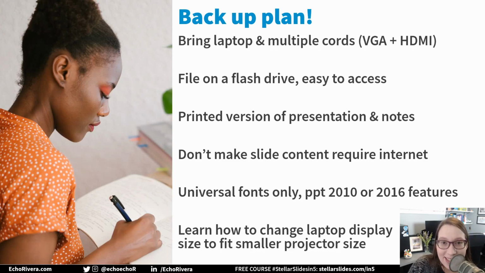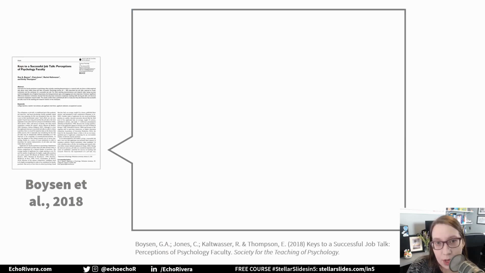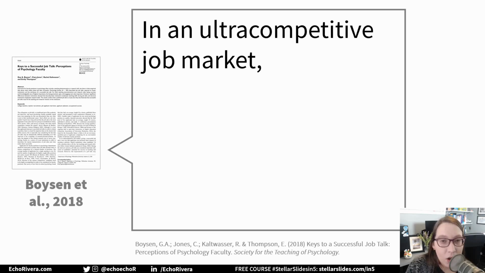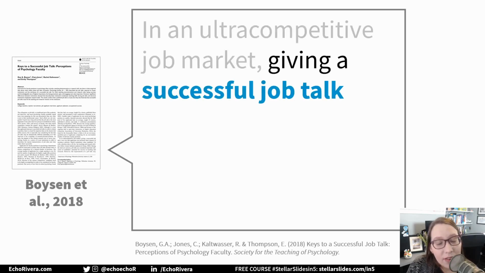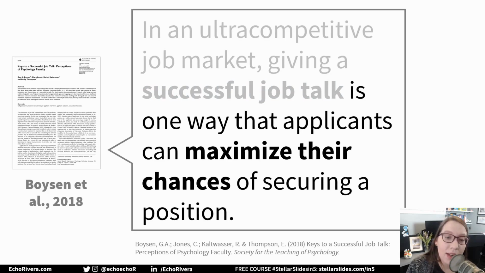You got this. There's a lot about this process that you can't control, but your job talk, your teaching demo, that is something you can control, and it's worth the effort. It matters. Just like Boyson and colleagues said, in an ultra competitive job market, giving a successful job talk is one way that applicants can maximize their chances of securing a position.